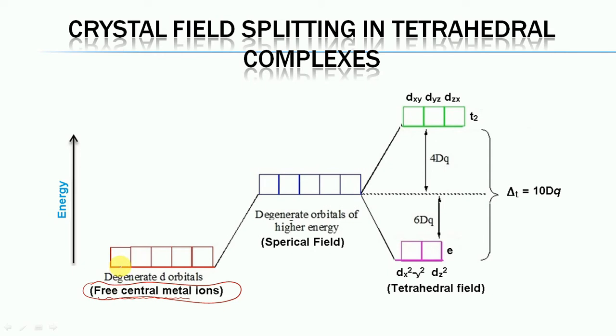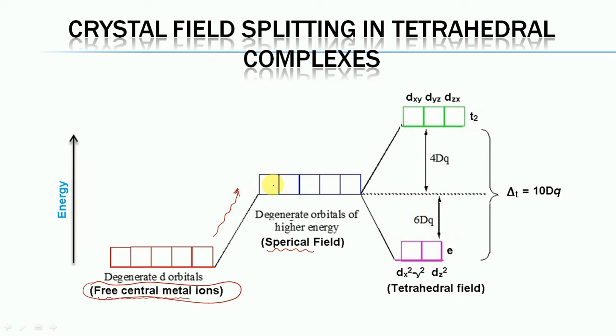As the ligands start approaching the central metal ion after complex formation, the energy of the d orbitals starts increasing, and at this stage the ligands create a spherical field around the central metal ion.